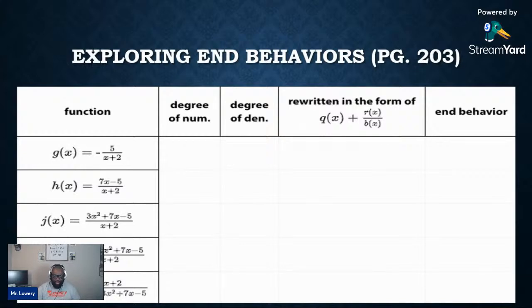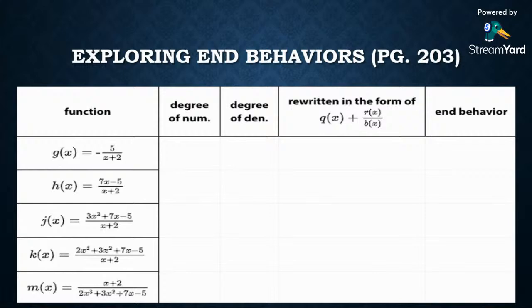On the top of page 203, you'll see this table that is on the screen as I'm talking. On that screen, you have a lot of functions on the left-hand side, and you'll see some questions such as the degree of num, degree of den, rewrite in the form of all these function notation, and then behaviors.